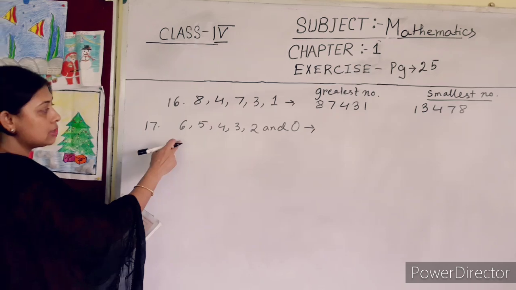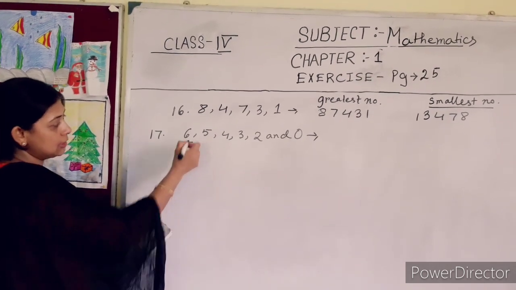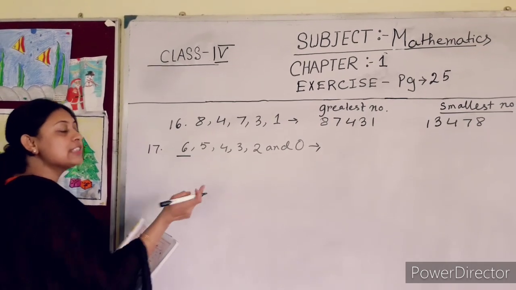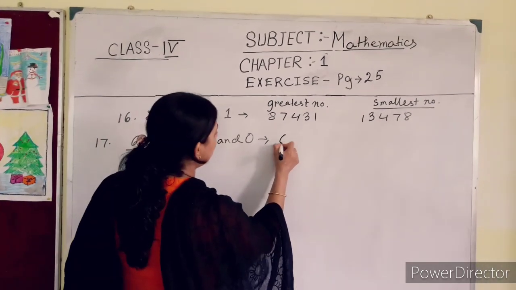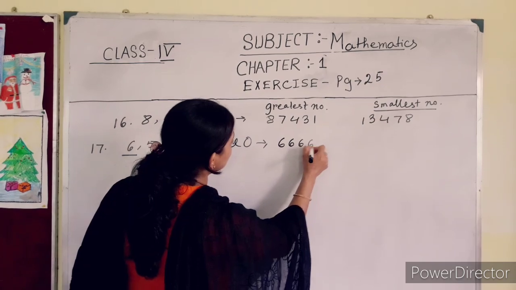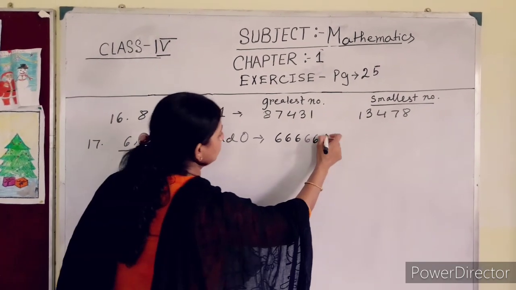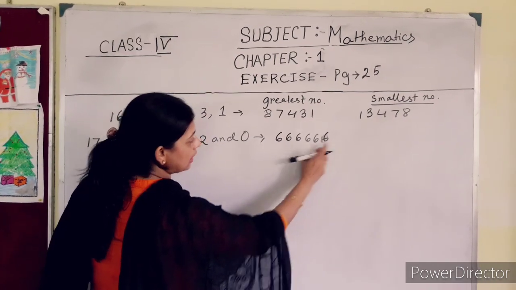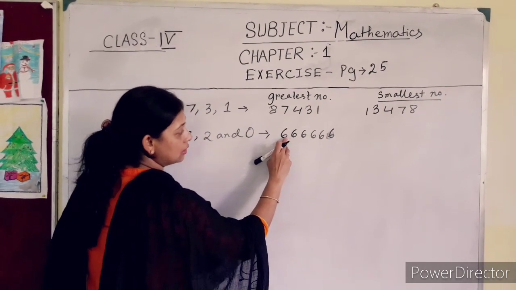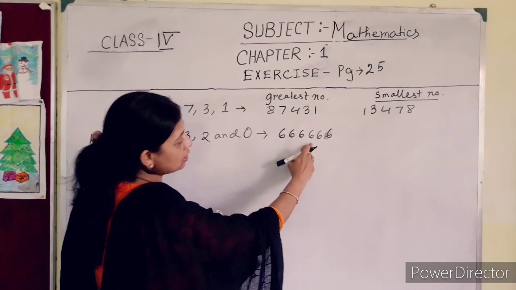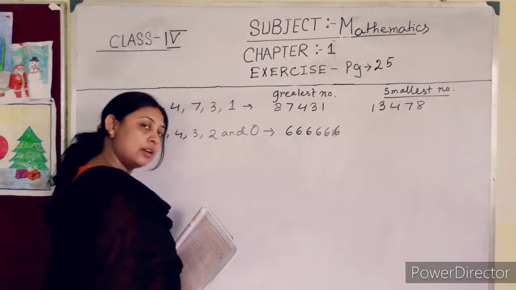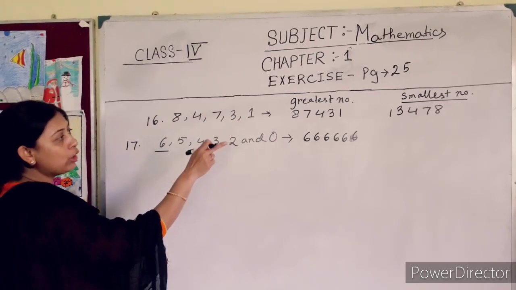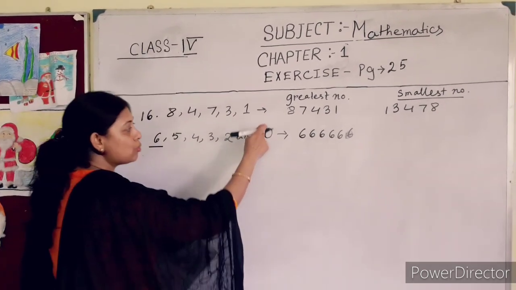Which one is the greatest digit? 6 is the greatest digit. So you have to repeat it 6 times: 666666. Clear?